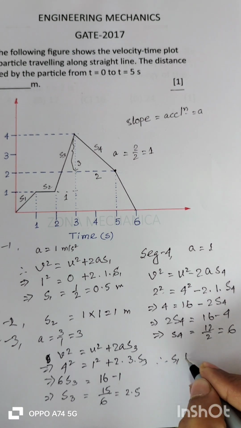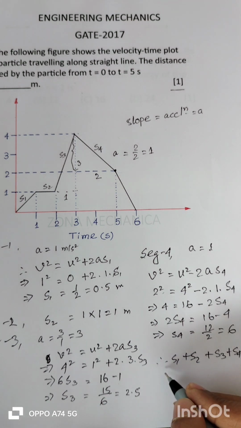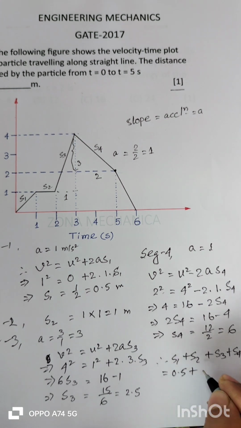So therefore the total distance will be S1 plus S2 plus S3 plus S4, right? Which is equal to S1 is 0.5 plus S2 is 1 plus S3 is 2.5 plus S4 is 6, which is equal to 10 meters.